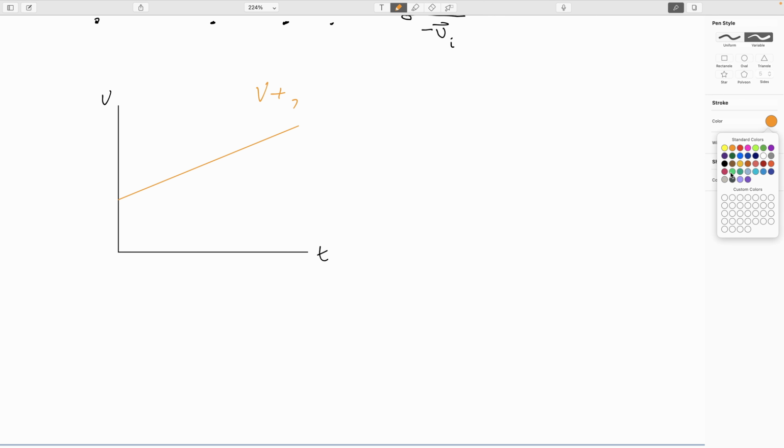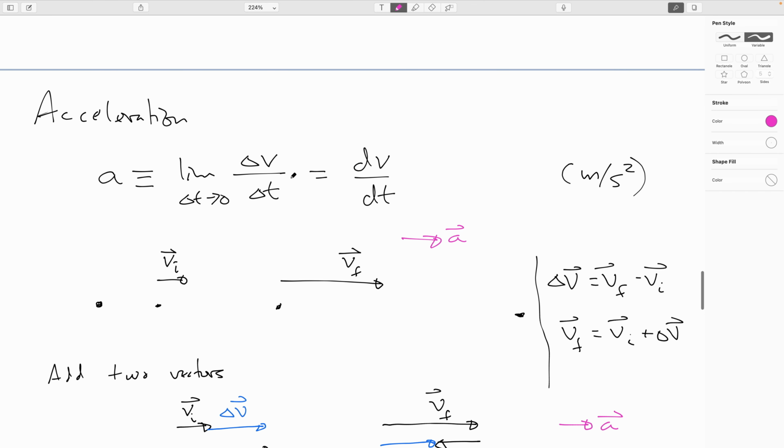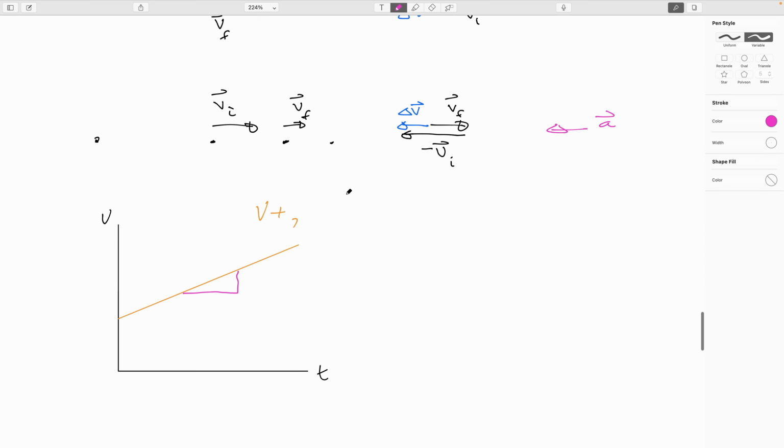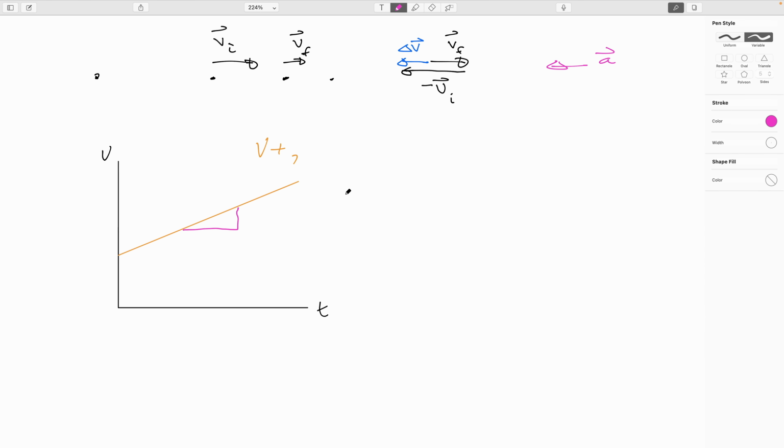What about the acceleration? Well, to get the acceleration, I'm going to need to look at the slope of my velocity curve. I can say that because we said that the acceleration is the time rate of change of the velocity. Just like when we looked at velocity, it's the time rate of change of position, and we came to the conclusion that's the slope of the graph, we can do exactly the same thing here.